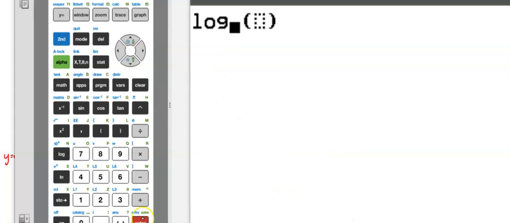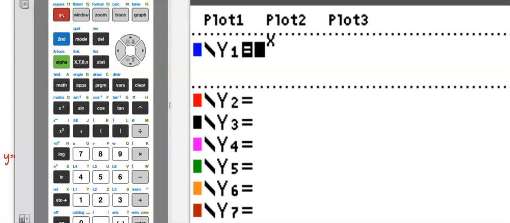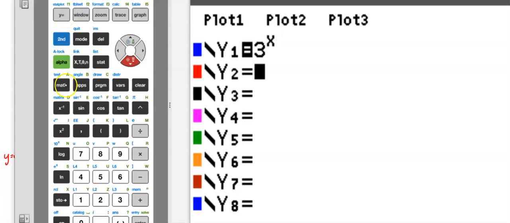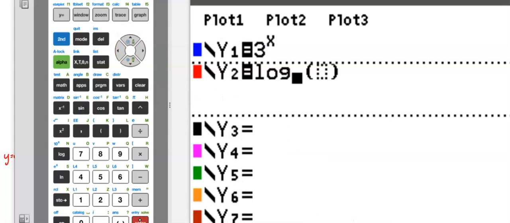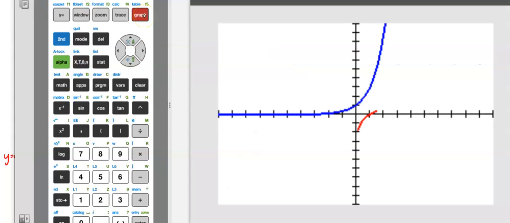If I enter there, I can enter in a log base 3 of x. And obviously, I'd want to do this in my y equals. So let's do math log base 3 of x. And you can see what we just found on our calculator.